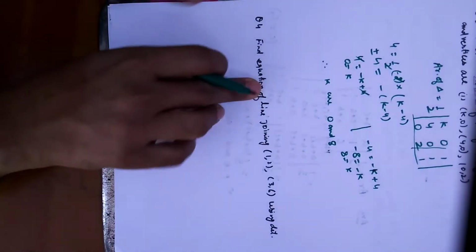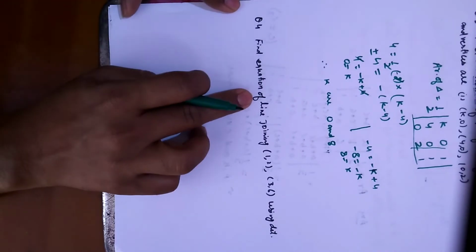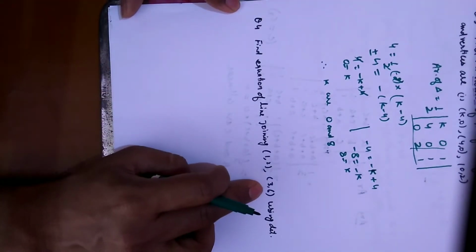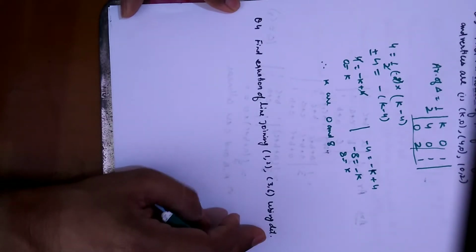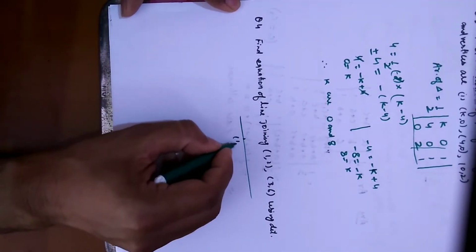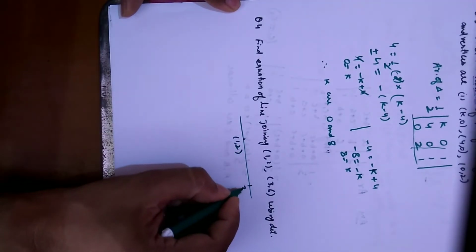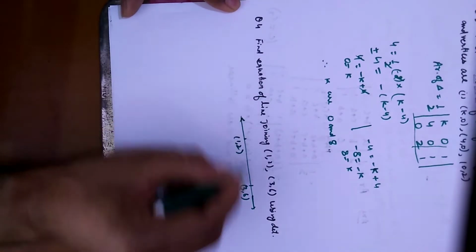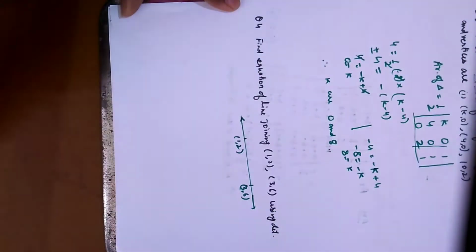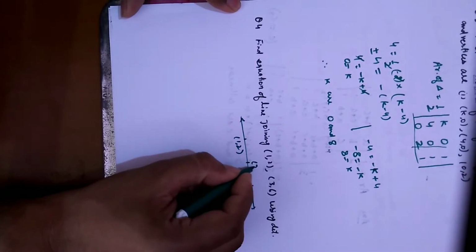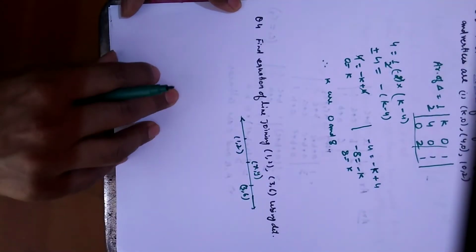Now come to question number 4. Find the equation of the line joining (1, 2) and (3, 6) using determinant. So now you don't know the line. So this is 1 comma 2, this is another point 3 comma 6, and you have to use the method of determinant. So let us assume one point from your side that (x, y) is on this line.